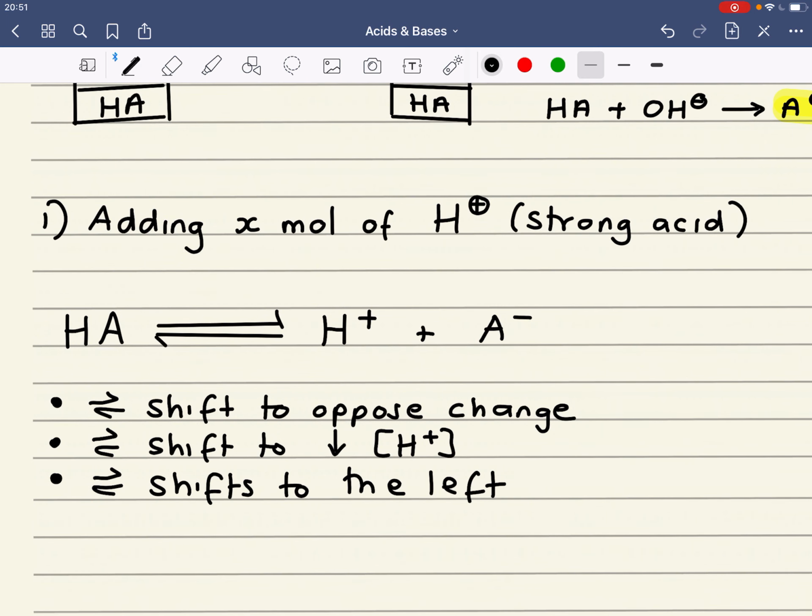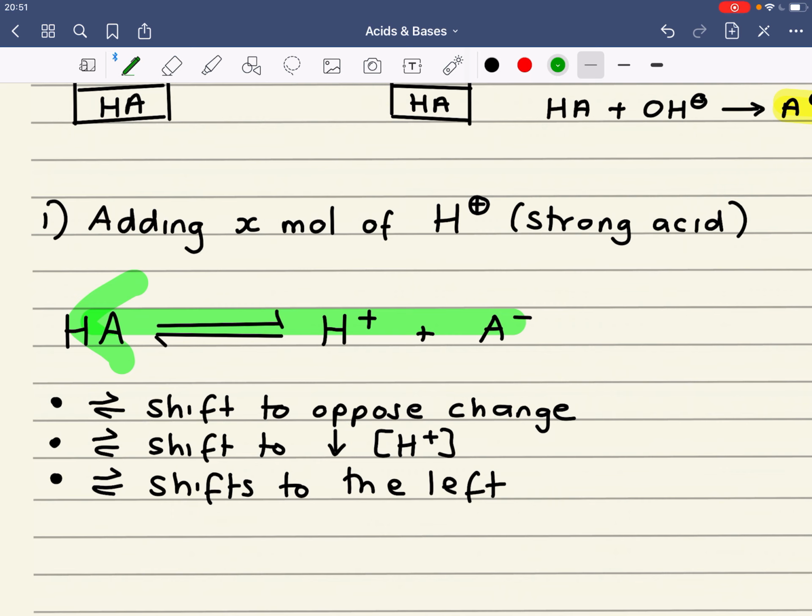So in this particular instance, the equilibrium is going to shift in this direction, to the left. And in doing so, you are going to produce more HA, and you'll decrease the amount of A-.